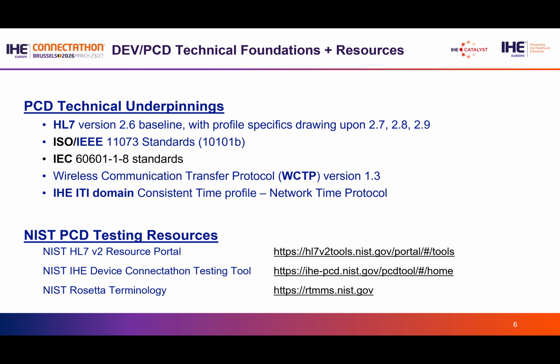You can take your message and just paste it into the tool on the web page, and it shows you any errors or warnings that come up related to that message. This tool is also used by the Connectathon monitors to verify messages during the Connectathon. They take the messages from the tests and run them through that tool to make sure that they're correctly formed. Next slide, please.